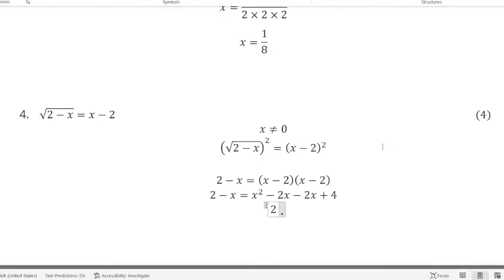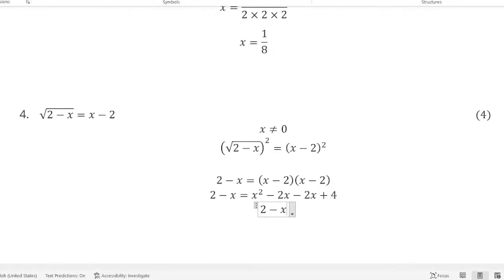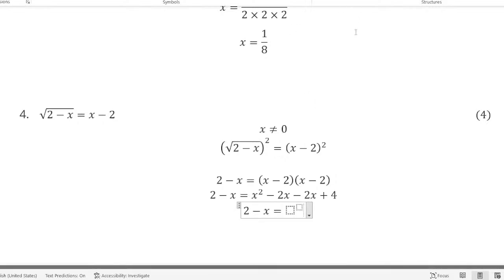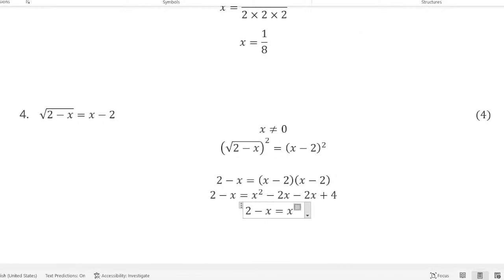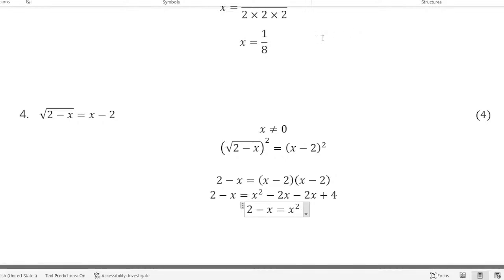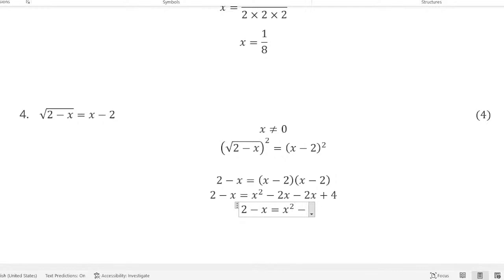So 2 minus x is equal to x squared, right? So here we have negative 2x minus 2x. These are like terms, remember? So we'll have minus 4x, right? Then we're left with a constant, which in this case is plus 4.